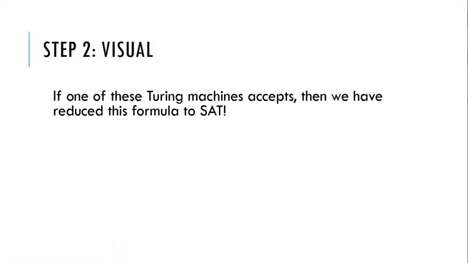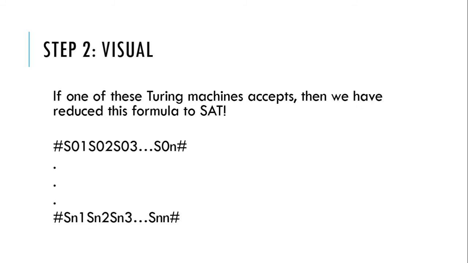Here's a better visual of this problem. Over here we have a two-dimensional array of Turing machines. This is the image Cook used to solve his problem. Each of these Turing machines has a different configuration, unique from the others.